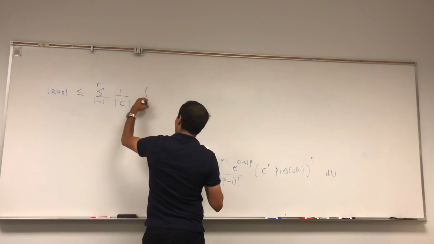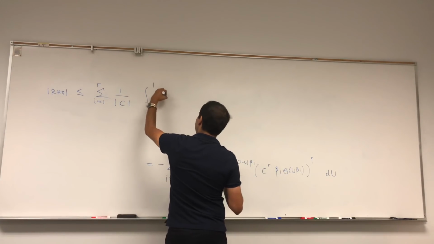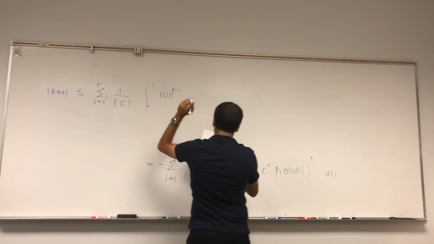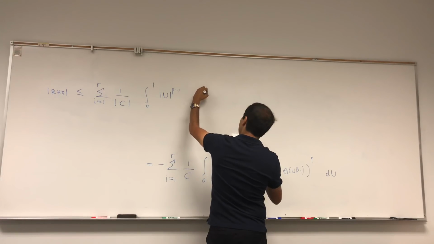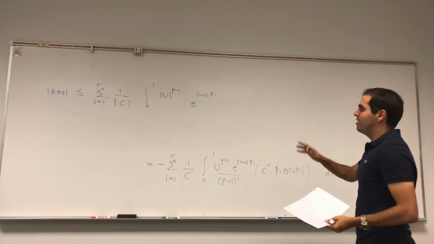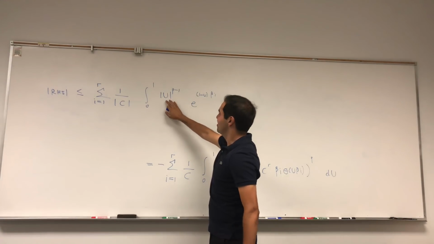And then again, triangle inequality, put this u to the p minus 1 in absolute values, and then also e of (1 minus u) beta_i. Okay, and again, other terms, we'll talk about this in a second.